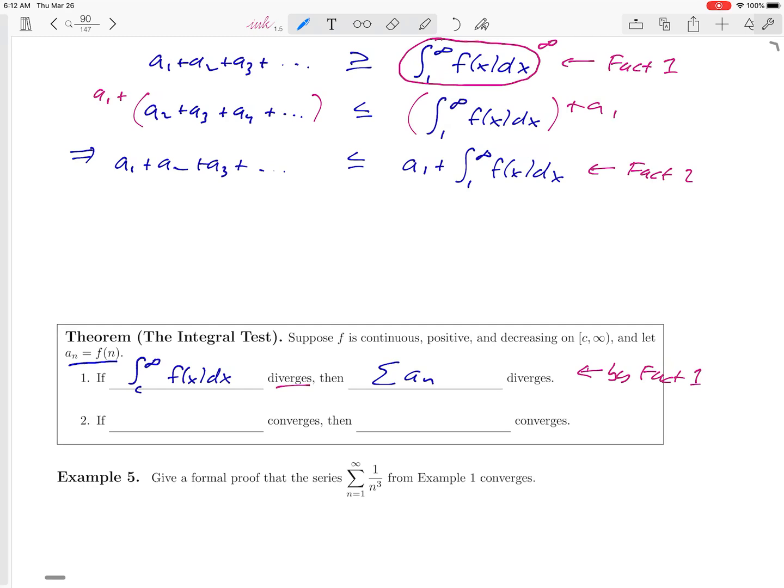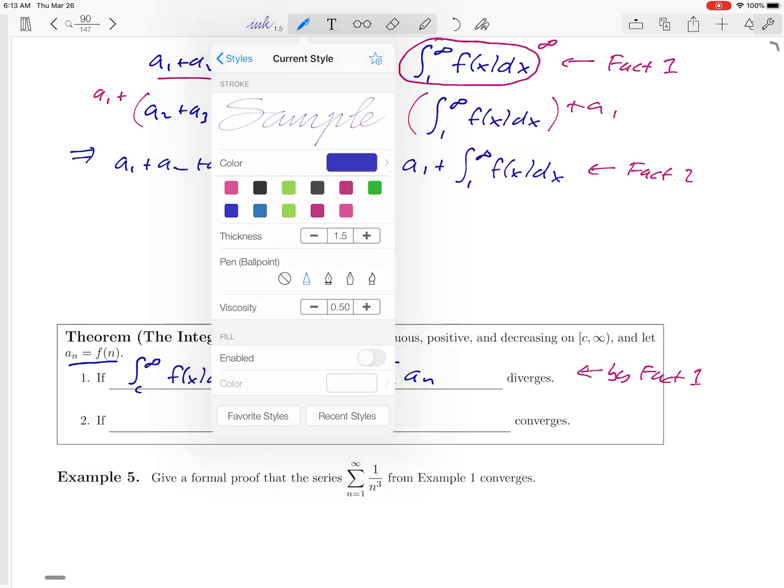But if the right-hand side of this inequality is infinity, what is the left-hand side? It's telling us that the sum a1, a2, a3, and so on has got to be bigger than or equal to infinity. If we've got something that's bigger than infinity, it's got to also be infinity. In other words, the series diverges because it's bigger than the integral, which we know is infinity.